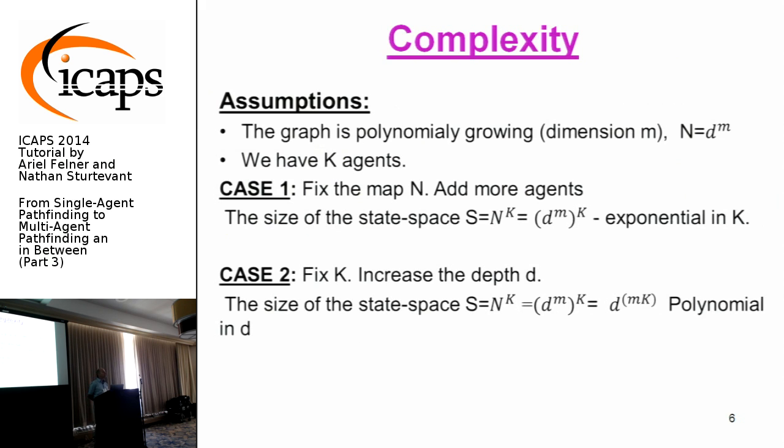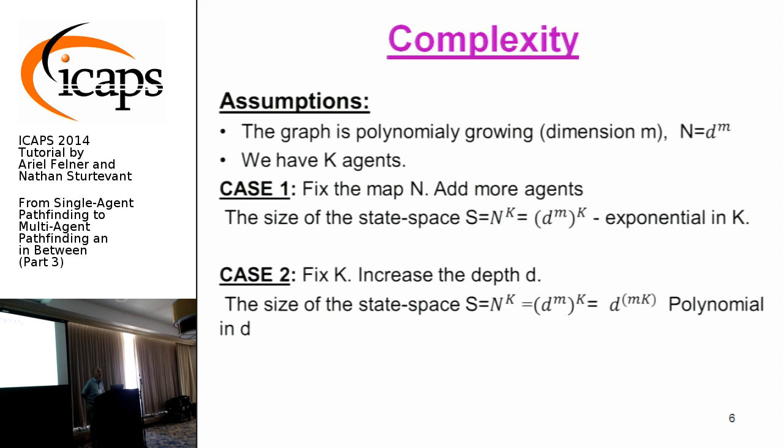Just to show you how tricky everything here is: is multi-agent pathfinding polynomial or exponential? The question is, polynomial and exponential in what? Let's say we have an explicit graph of n vertices, polynomial, d to the m, and we have k agents. Now, if you fix the map but add more agents, the size of your state space is s equals n to the k, which is d^m to the k.